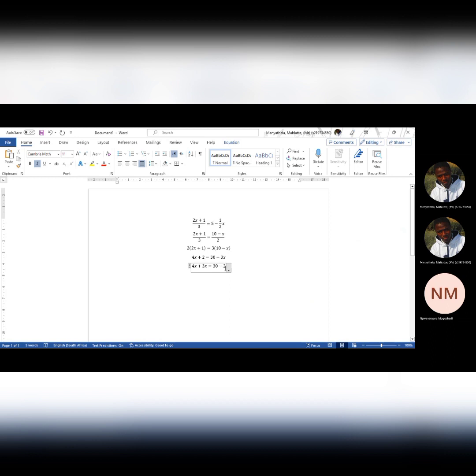Then we do addition, 4 plus 3 is 7, so we remain with 7x, then 30 minus 2 is 28. Okay, fine. 7x equal to 28.